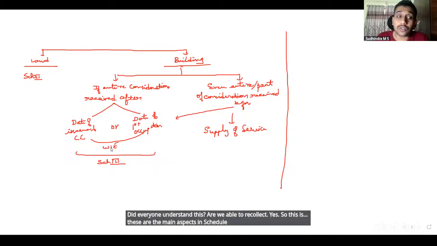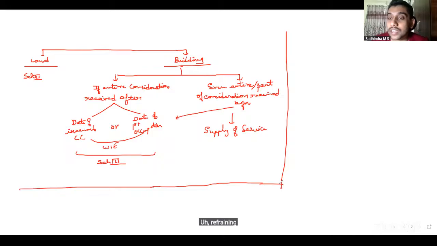There are various other things also. We also discussed, if you remember, refraining from an act, to do an act, or tolerate an act. Those three aspects.